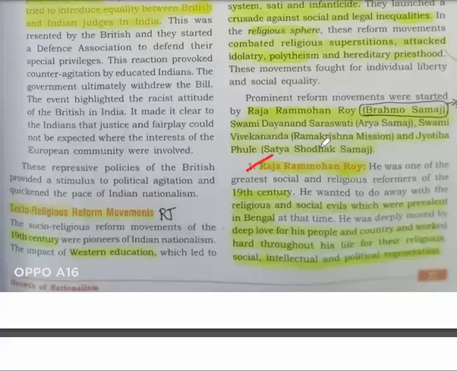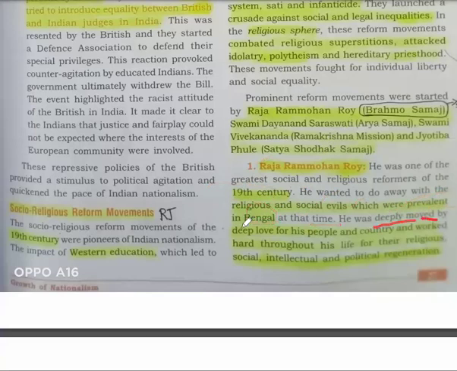Now we're going to know the Raja Ram Mohan Roy contribution to India. So he was a reformer of the 19th century. He wanted to do away with the religious and social evils which were prevalent in Bengal at that time.